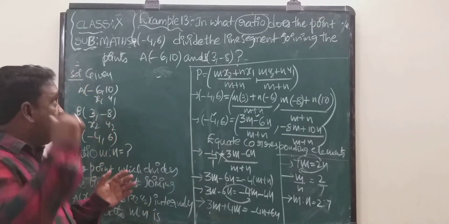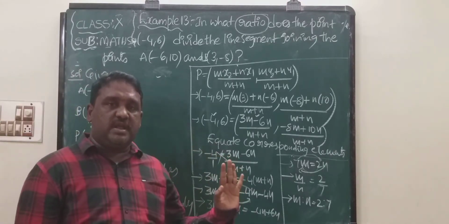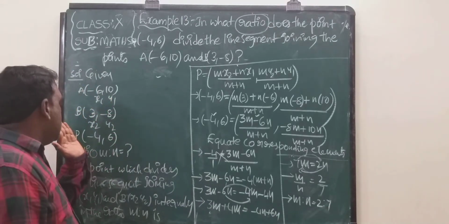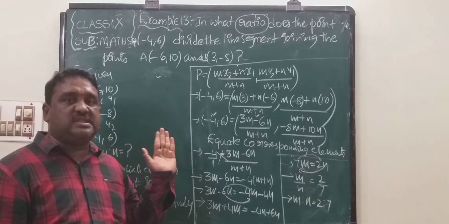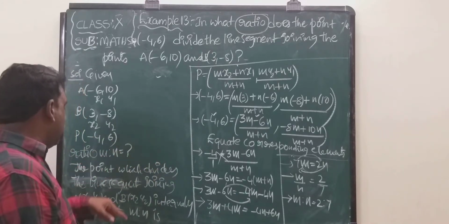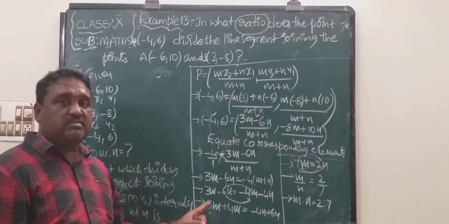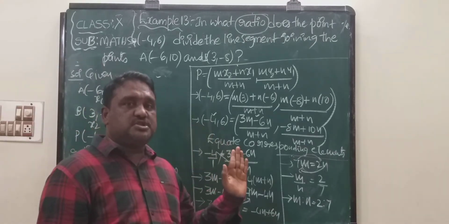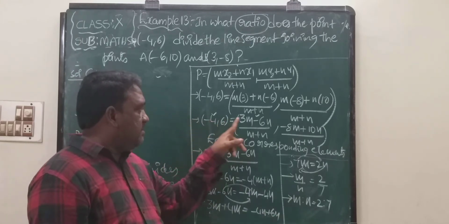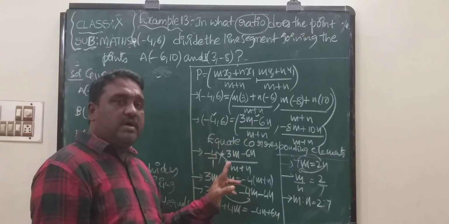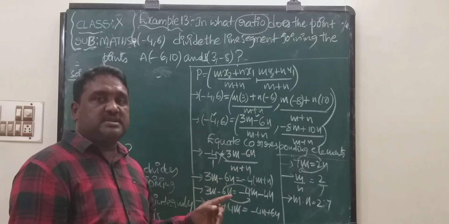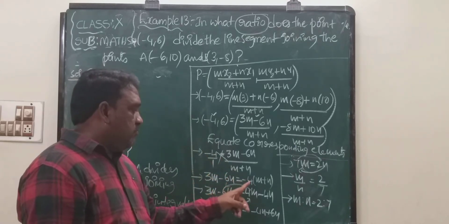See again, what is given? Three points are given. First point A, minus 6 comma 10, let it be x1, y1. Second point B, 3 comma minus 8, let it be x2, y2. Let the third point be P, minus 4 comma 6. Ratio m is to n? Ratio formula, right? Substitute all the values. Now equate corresponding elements, first element to first element. Minus 4 by 1 equal to (3m minus 6n) by (m plus n). Cross multiplication: minus 4 with (m plus n).